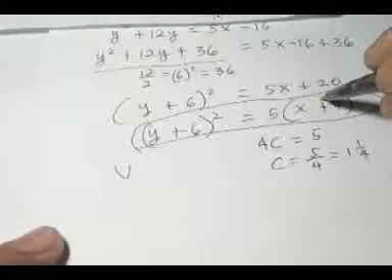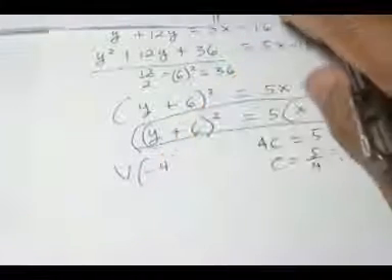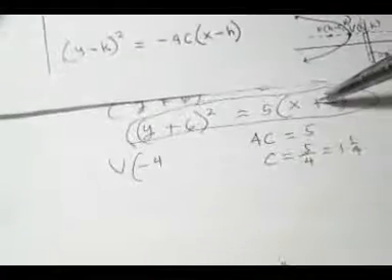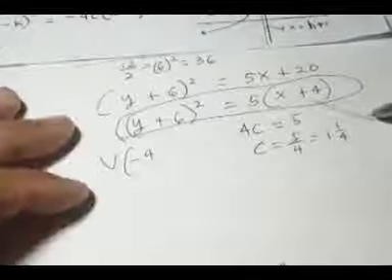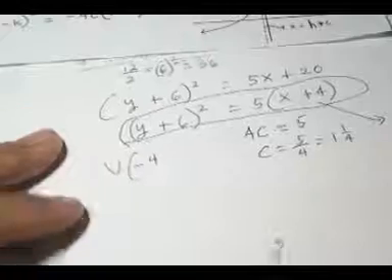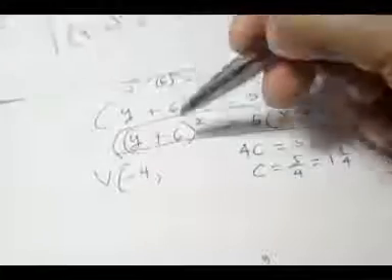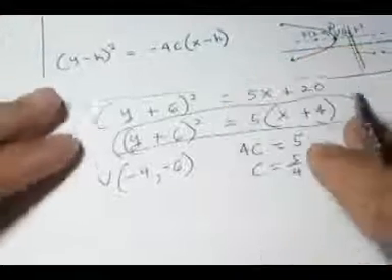Because our standard equation is y minus k and x minus h, this is positive 4, so negative times negative is positive. This is the same as x minus negative 4. So our vertex is negative 4, and minus negative 6. Our vertex is negative 4 and negative 6.